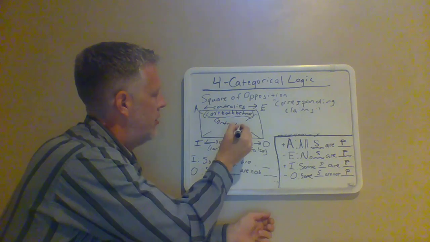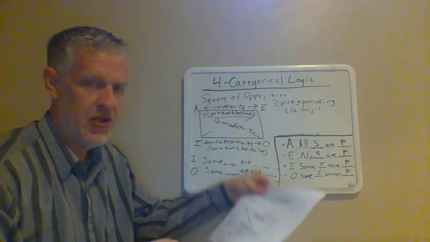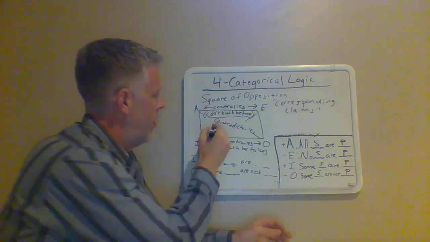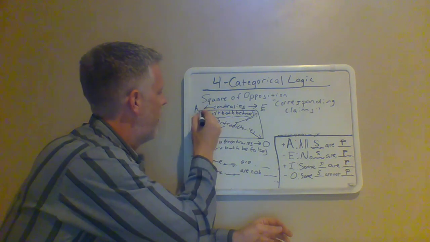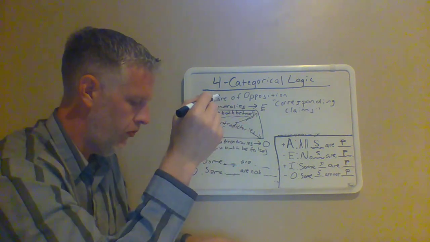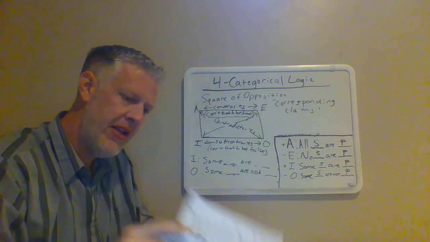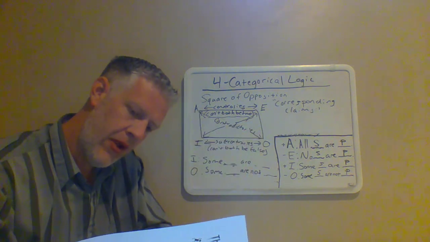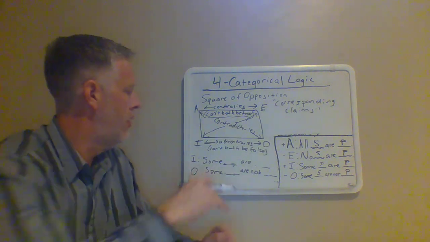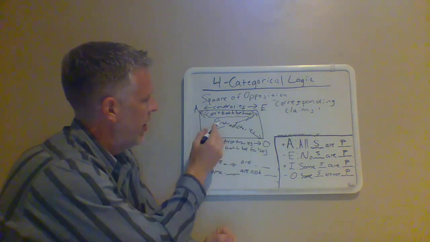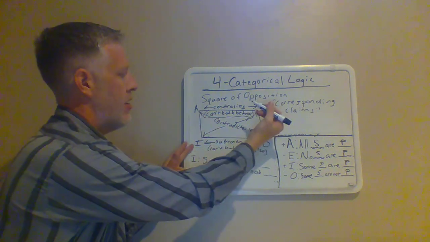These are called contradictories. Whether you're going, as I've illustrated on slide 8, in either direction, both of these are called contradictories. So when it comes to the contradictories, A and O are contradictories, and I and E are contradictories.